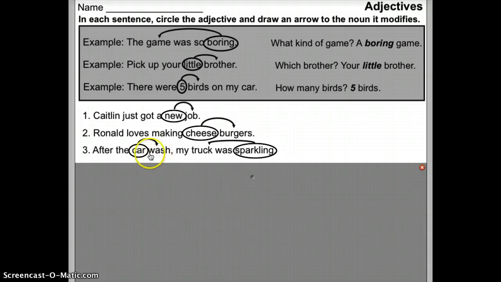So what kind of wash? A car wash. So we've got two adjectives describing two different nouns in this sentence. So whenever you're going through this, just make sure that there are a couple sentences where there's more than one adjective and noun pair in that sentence. So just be careful and look through that, and let me know if you guys have any questions. So hopefully you got that.